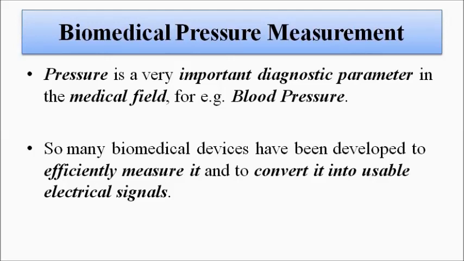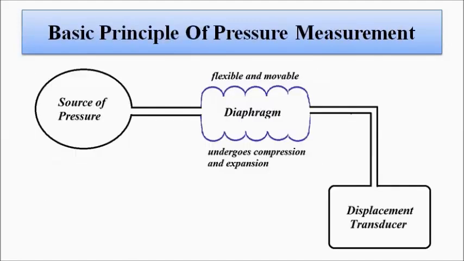So the basic principle of pressure measurement, it involves use of displacement transducers. So the displacement transducers which we have discussed, that are also used for pressure measurement. So the principle which is used is that here we have a diaphragm.